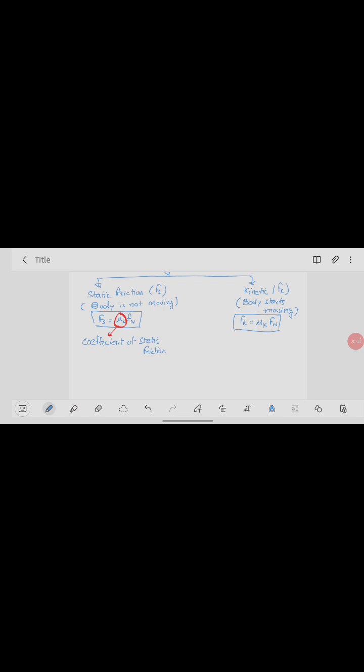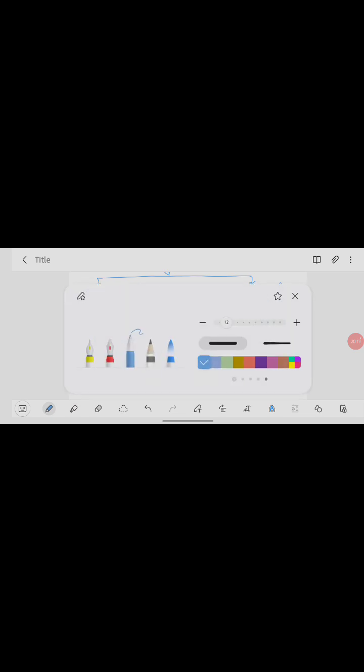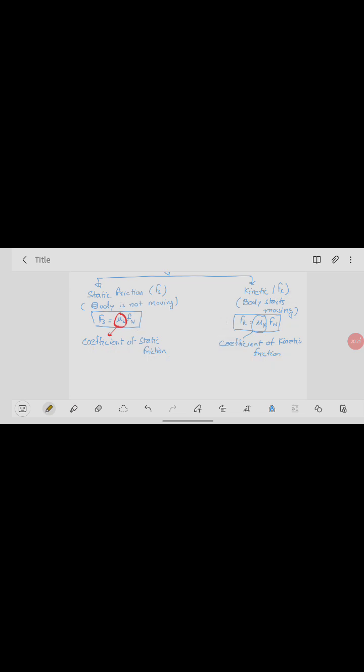And here this mu k is called the coefficient of kinetic friction. Now always remember the value of mu is always less than or equal to 1. It can never be greater than 1.